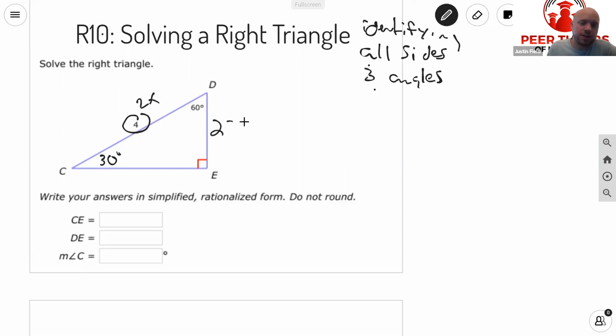So this is my x. And then this is x root 3. So it's going to be 2 root 3. So I'm done. CE is 2 root 3. DE is 2. And C is 30.